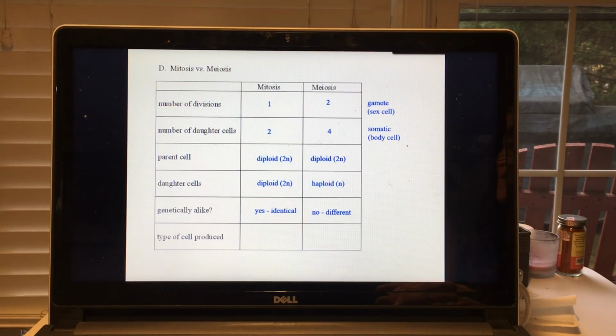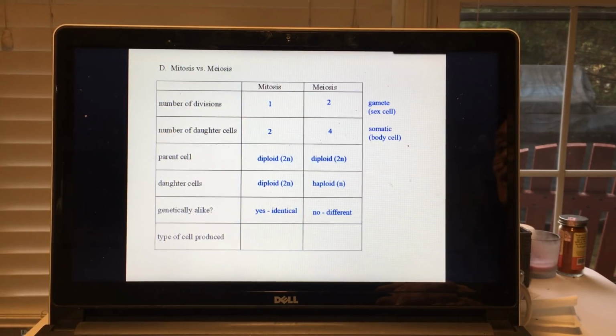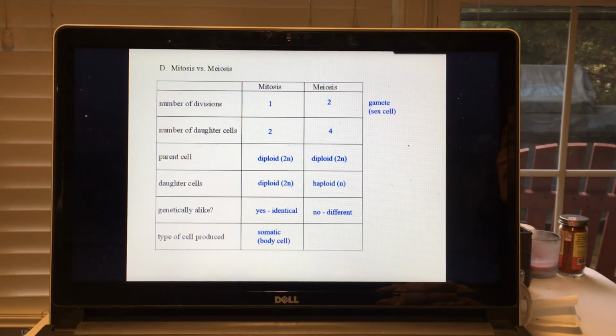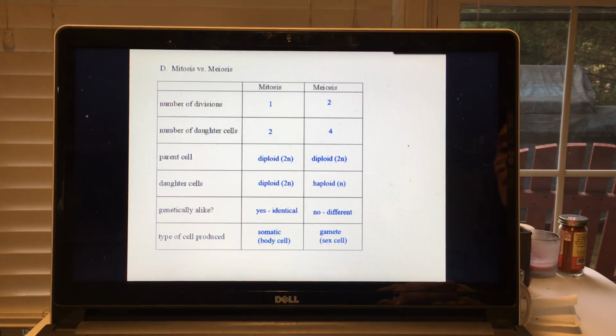But remember, this is meiosis, so you can't consider random fertilization yet because it hasn't happened. At the end of mitosis, you have identical somatic body cells, and at the end of meiosis, you have gametes. They are sperm or eggs, depending upon if this is happening in a male or a female, and they have been produced in the testes or the ovaries, respectively.